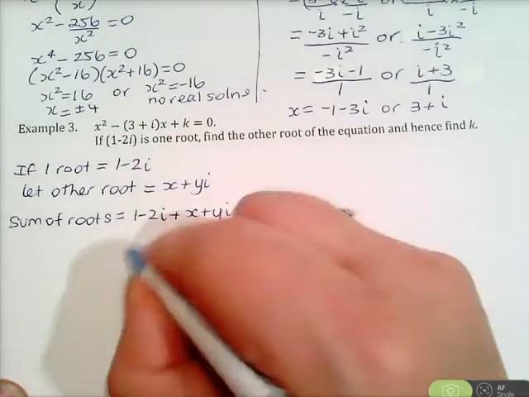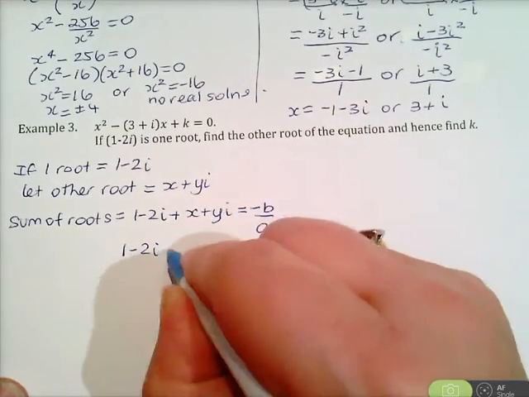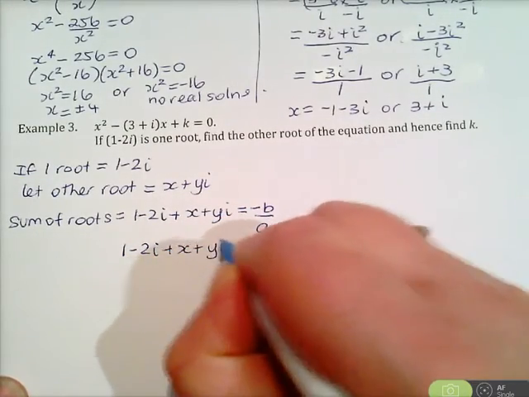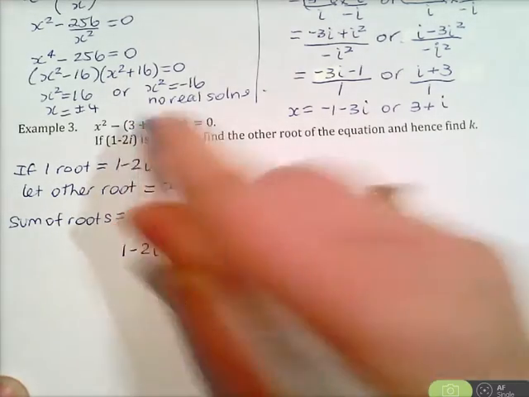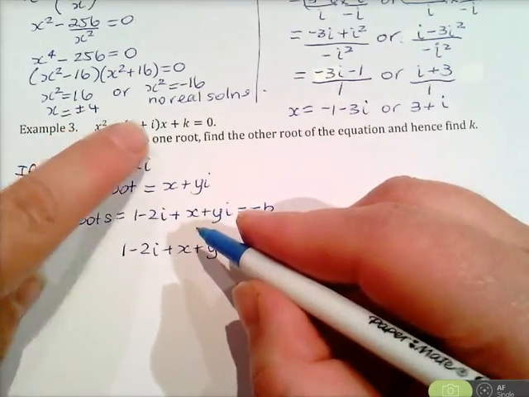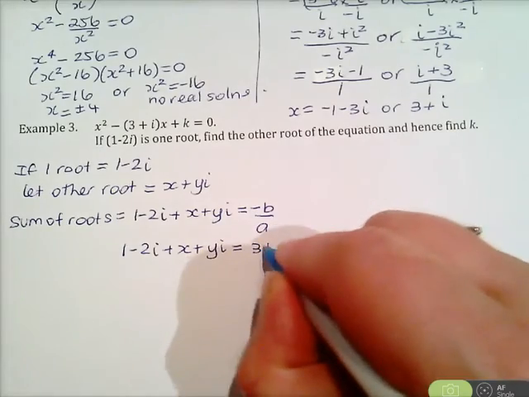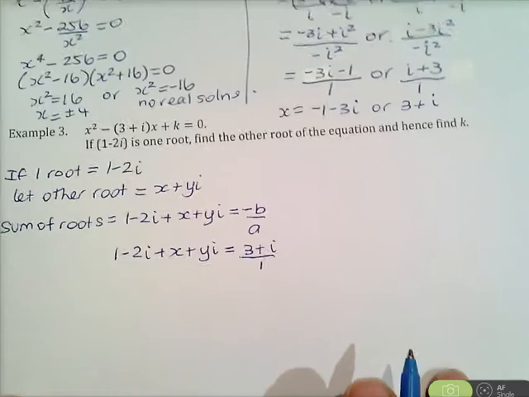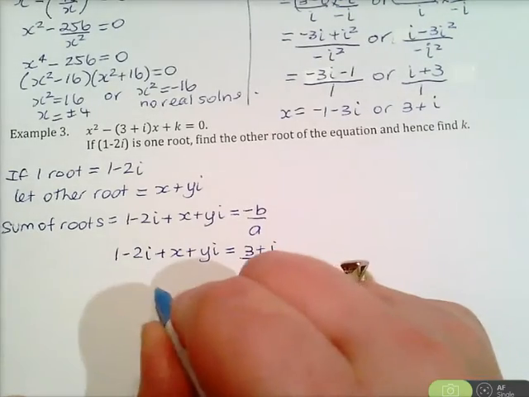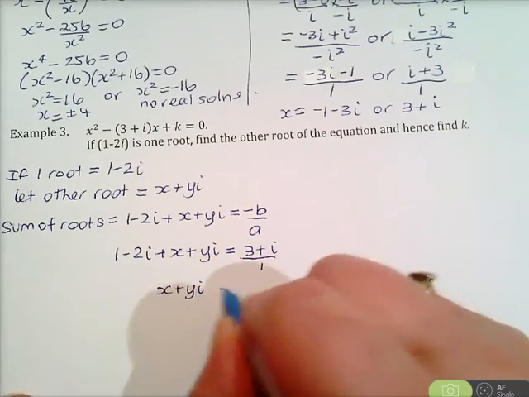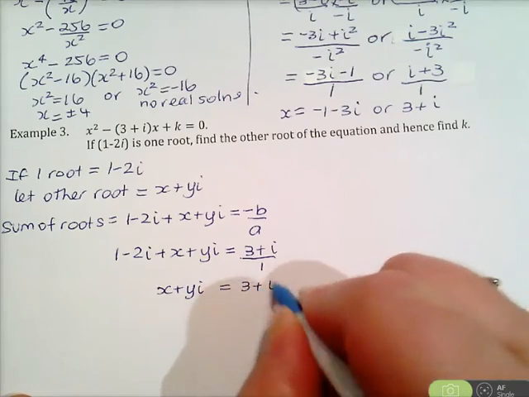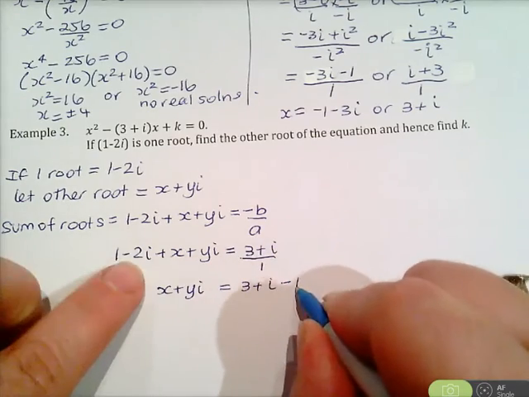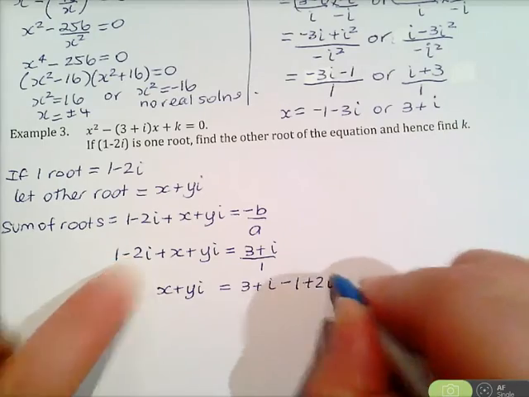Now, we've got 1 minus 2i plus x plus yi is equal to, now minus b is minus (minus (3 plus i)), so it'd just be (3 plus i) over 1. So what we can do here is keep the x plus yi on this side: 3 plus i minus 1, and take these to the other side, plus 2i.